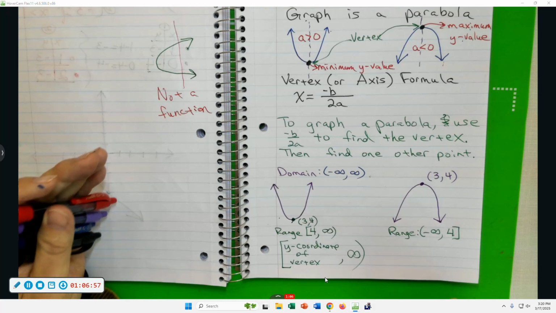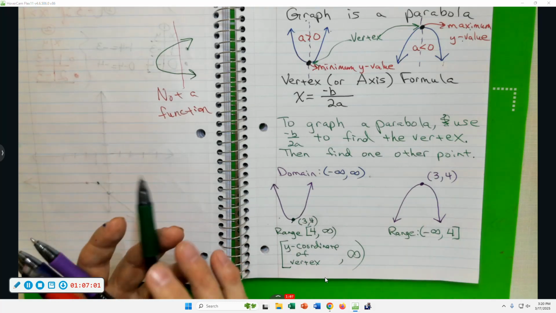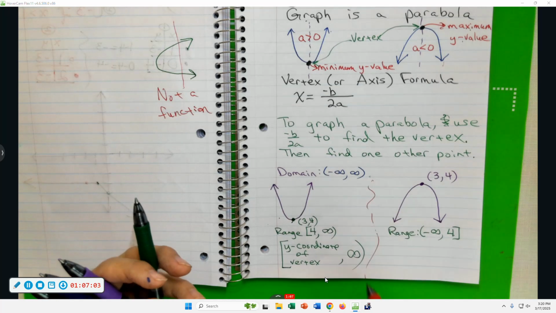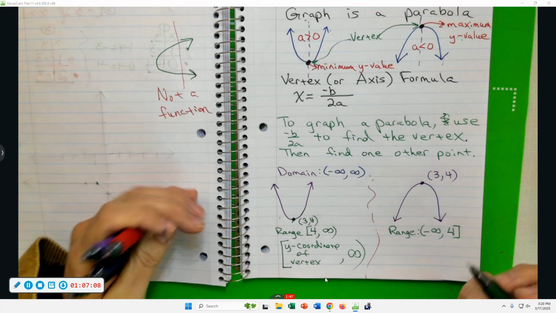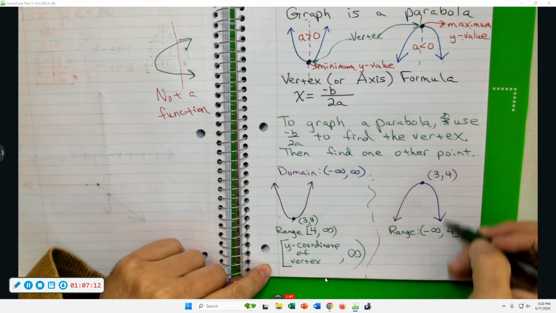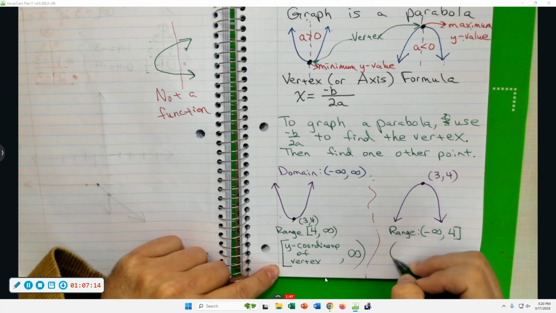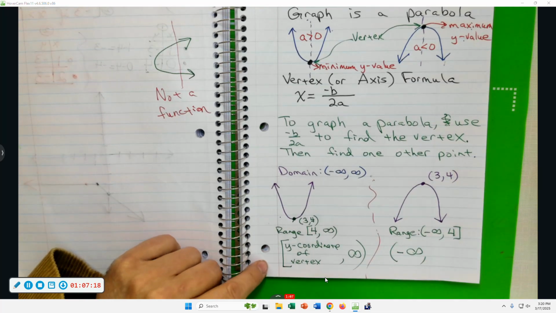Any questions on my logic there? I think I'll draw a little squiggly there to separate opening up and opening down. Let's generalize. In general, if a parabola is opening downward, the range will start parentheses, negative infinity, comma.